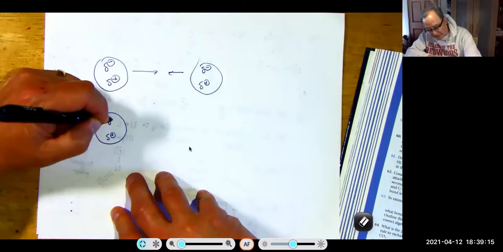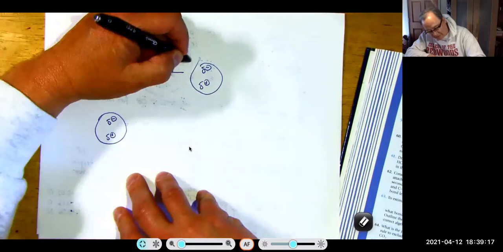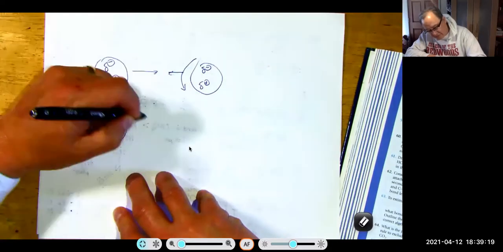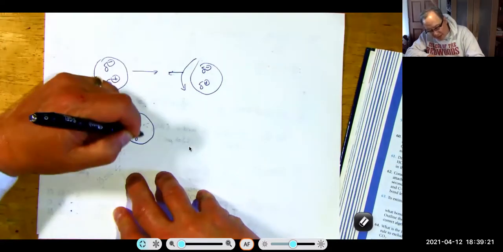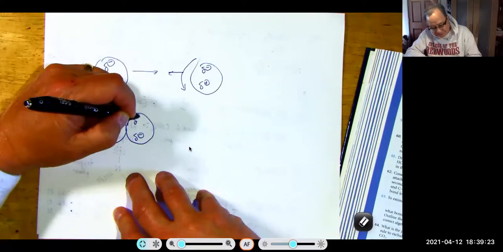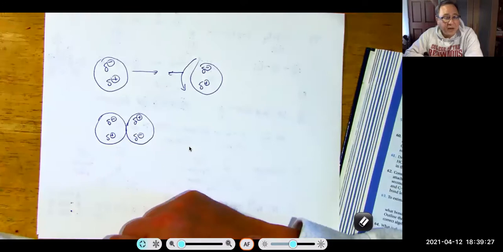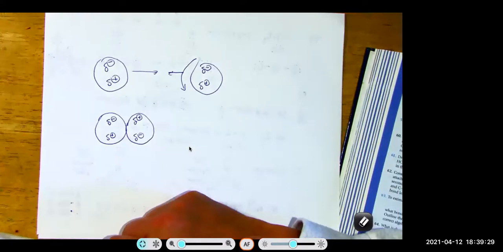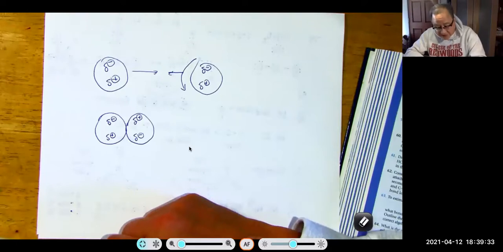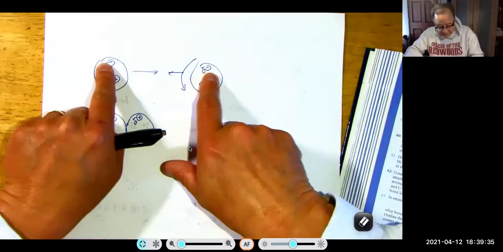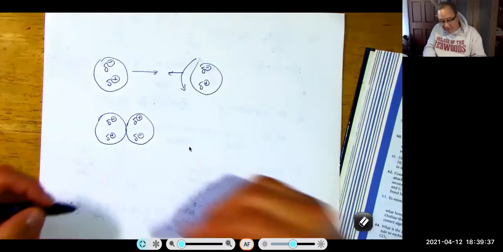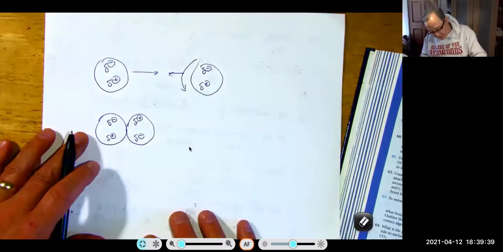When they come together, this guy's going to rotate so that they have these attractive forces like that. Opposites attract, right? So why would these things butt up against one another like this when that would repel? And the answer is they wouldn't. Or maybe this doesn't rotate and what they do is this.